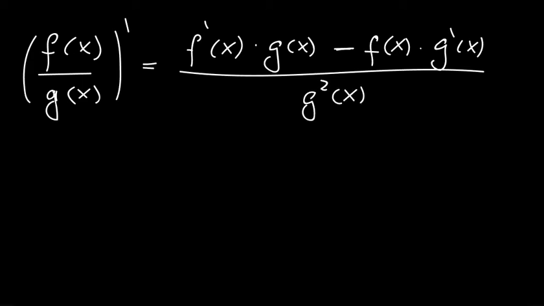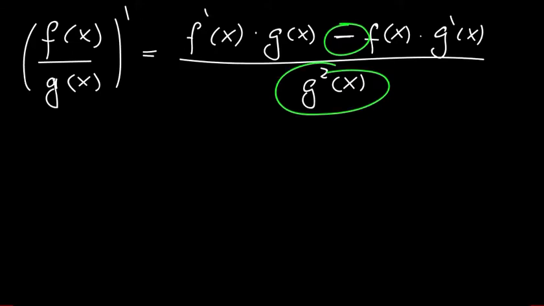So two big differences: minus here instead of a plus, and we have g squared in the denominator. Okay, so let's move on to an example.